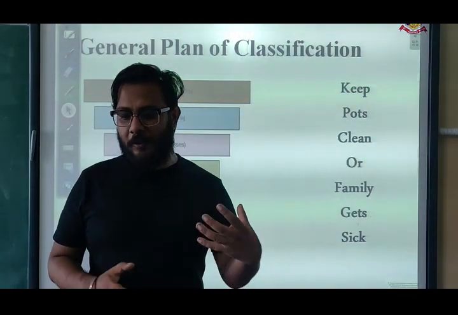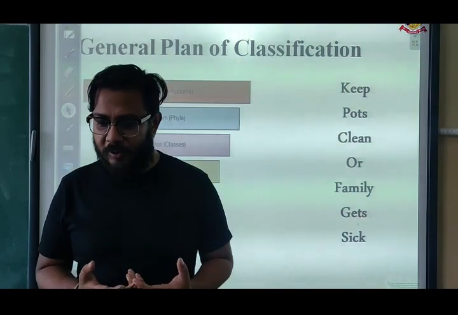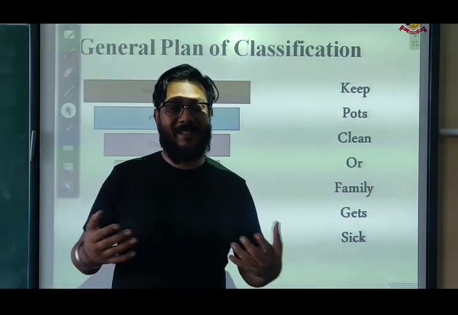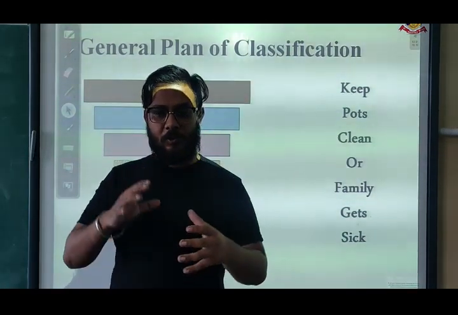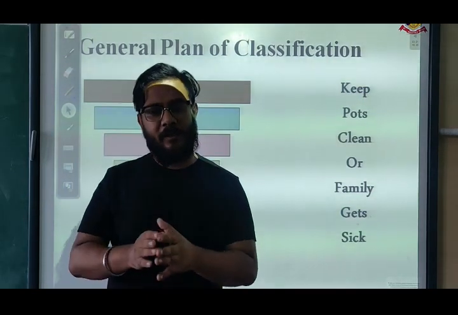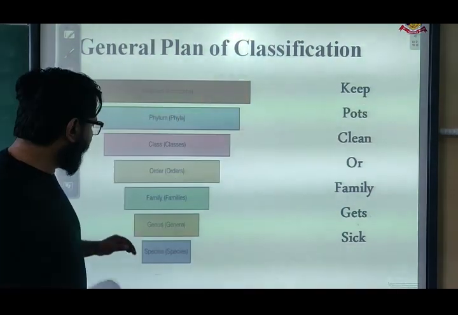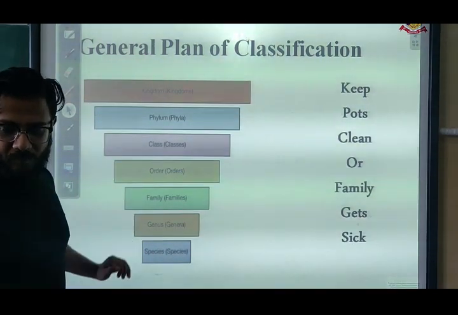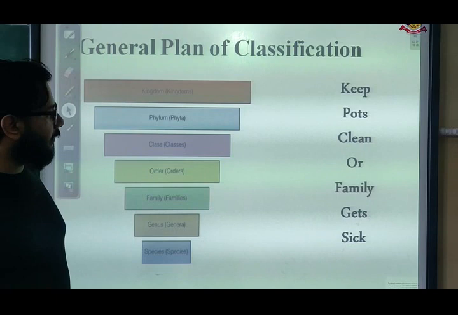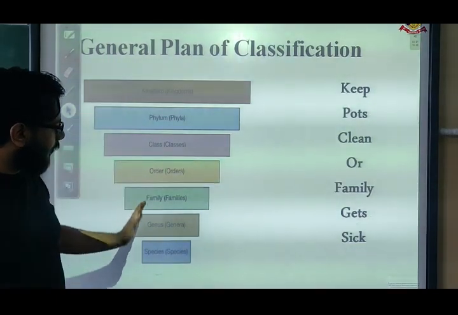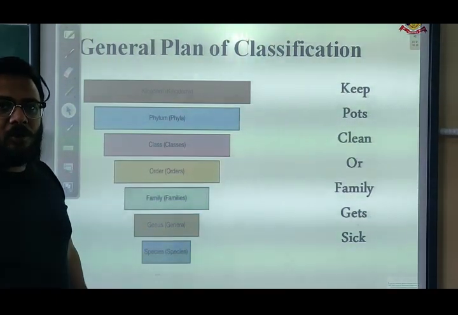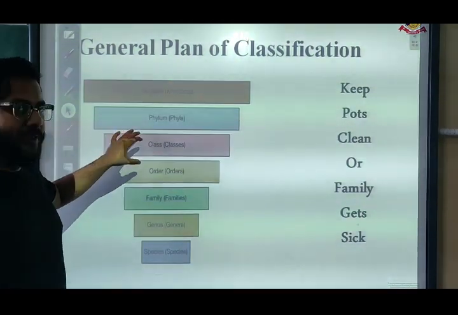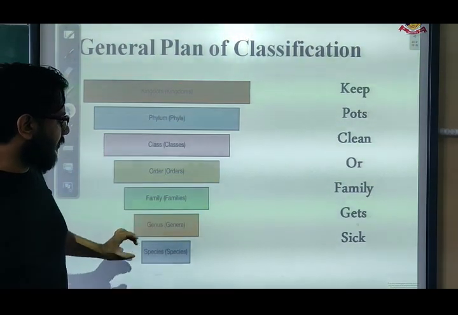Okay, plants that bear rose-like flowers are grouped under the family Rosaceae. Okay, so based on the characteristics, again it is divided. After that, it is divided into genus and then species. Okay, so you just need to know the order of classification. The first one is kingdom, after that phylum, then class, then order, family, genus and species.